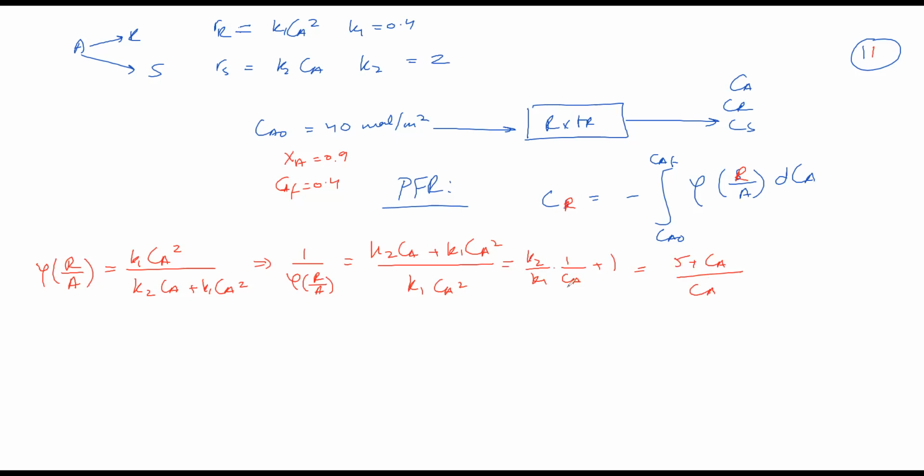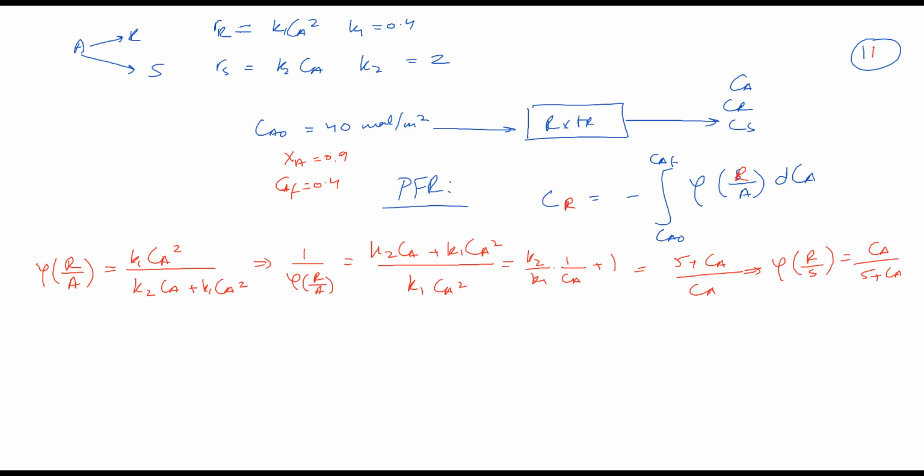If I consolidate it back again, I get 5 plus CA over CA. Now if I flip it back, I get phi of R over S is equal to CA over 5 plus CA. This expression is a lot simpler than the previous one, so it will make your integration somewhat easier.